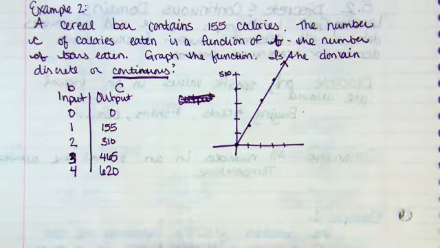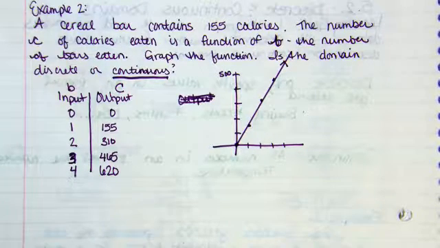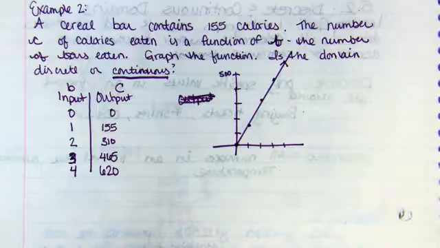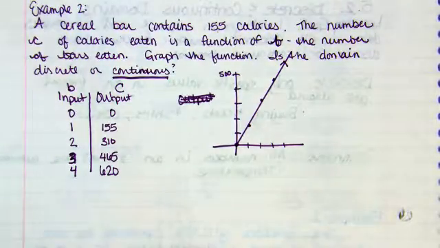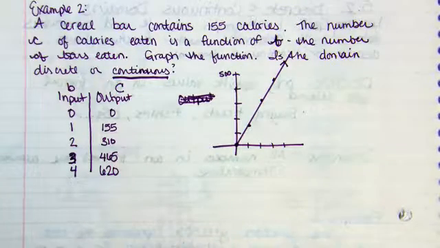So just as a final remark, your situation is discrete when you can't have a fractional amount. You can't have a fraction of a person. You can't have a fraction of, like I said, a CD or a t-shirt or a ticket. Those are all discrete situations where you have to get whole amounts.